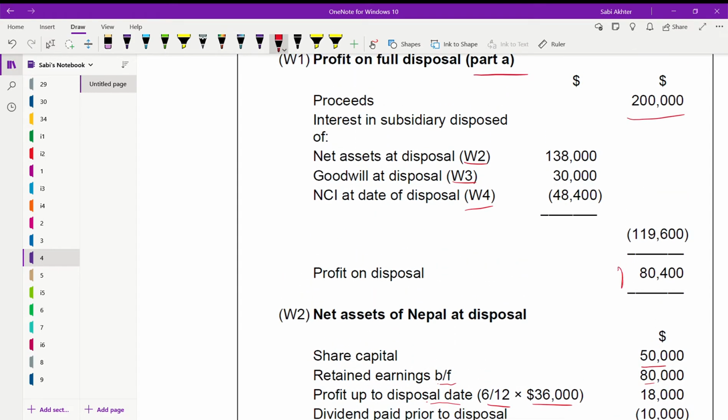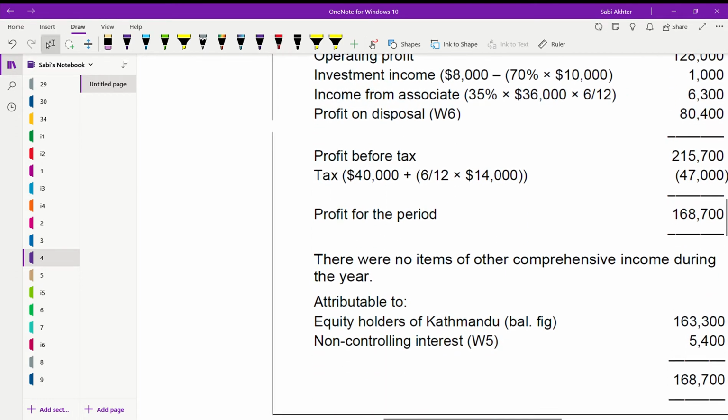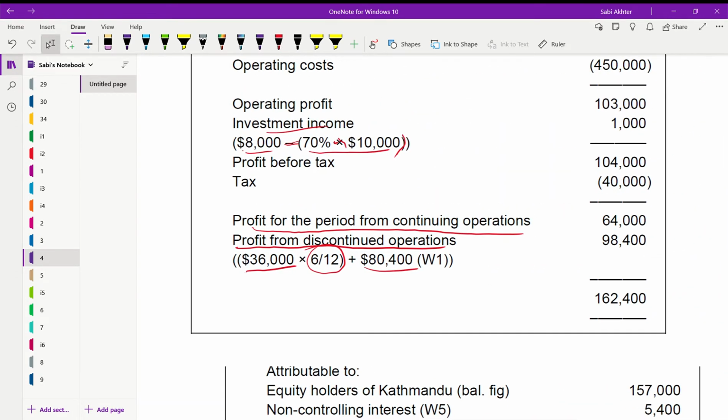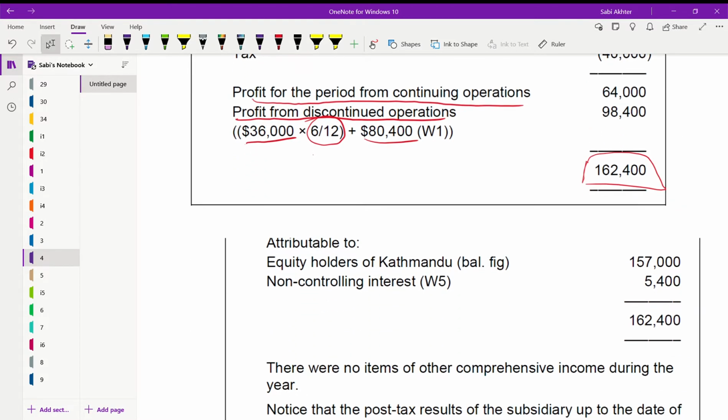It is this profit on disposal. Okay, profit on full disposal, because that only we have to show. That you have to add with this discontinued operation. Hence this. And finally, you have to attribute this also like this among the NCI as well as the equity holders.